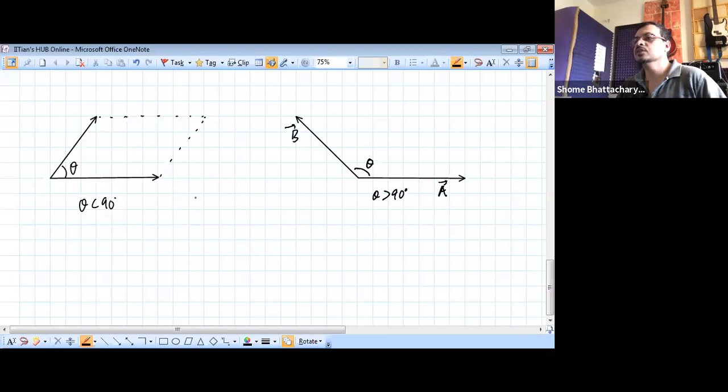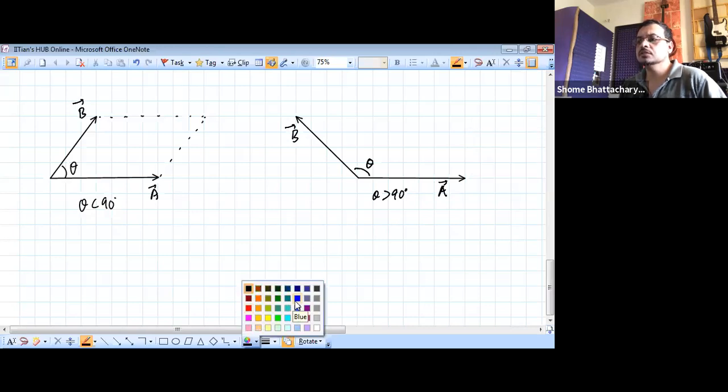So immediately, without doing any algebra, you will recognize that in the first one, it is the sum which is larger. This is a continuation of the comparison of A plus B and A minus B for acute and obtuse angles.